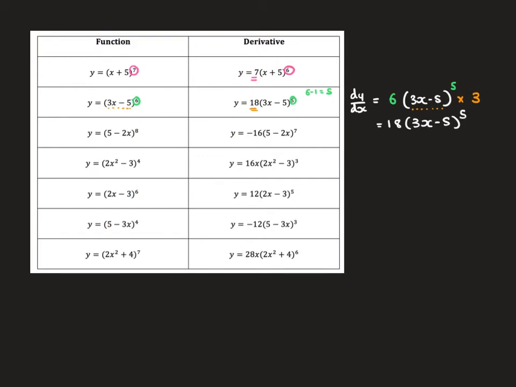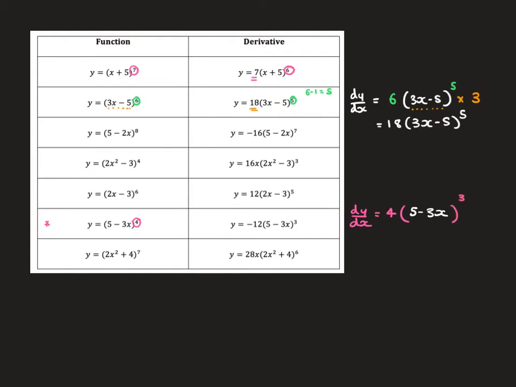Now, does that work in other examples? Well, let's pick another example at random. Let's pick this example over here. So we start with a power of 4. So dy by dx, I could multiply by the power of 4. I then reduce the power of the overall function by 1, which drops it down to a power of 3.